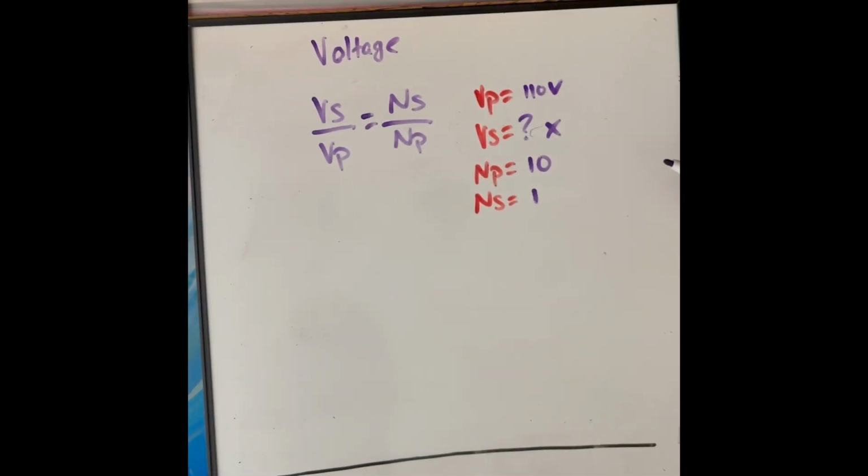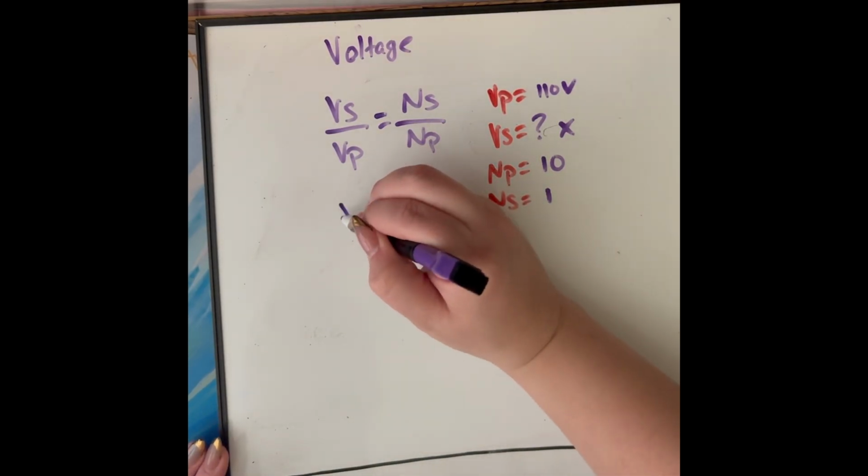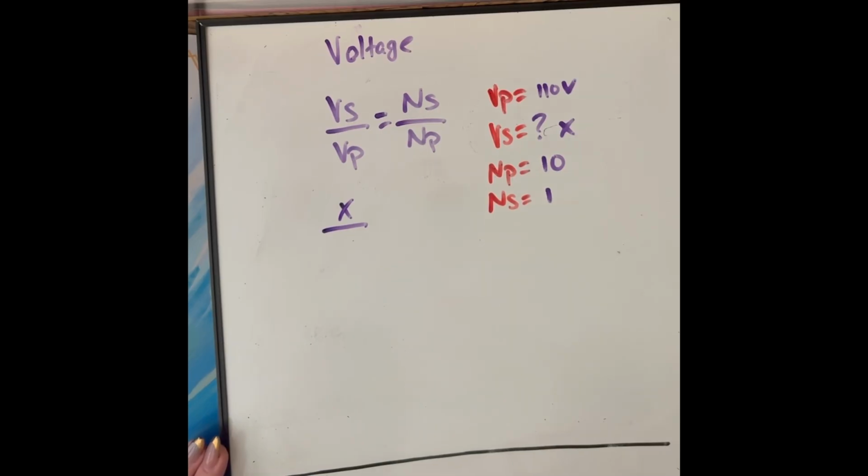VS over VP equals NS over NP. I'll remind you in the PowerPoint, they have these opposite, but I'm going to show you it's going to work out the same way. So our VS, weird, we have X on top. Crazy, but it's going to be fine.